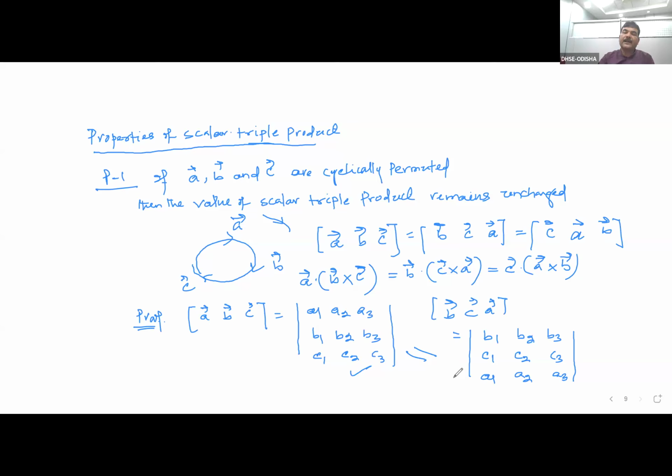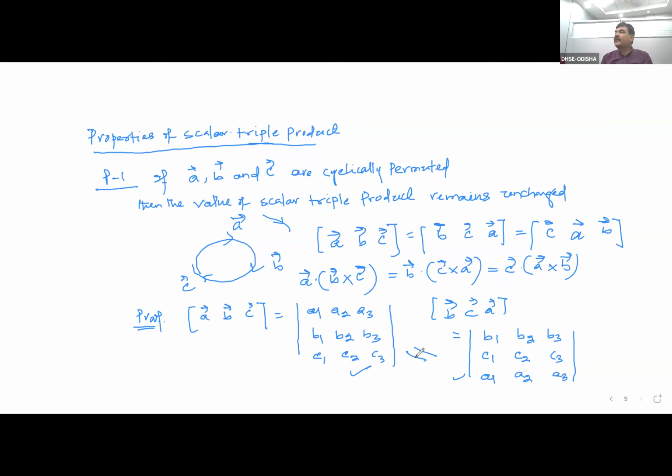These two determinants are equal because of a property of determinants: if any two rows or columns of a determinant interchange their positions, the value of the determinant changes by a negative sign.